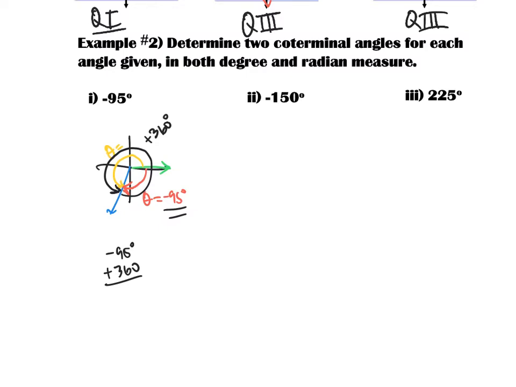So subtract 260, add 5, 265. Okay, so a coterminal angle would be 265 degrees. Okay, another way to get a coterminal angle, instead of adding 360, is subtracting 360.